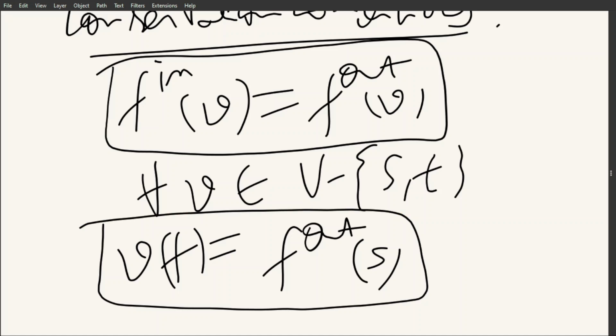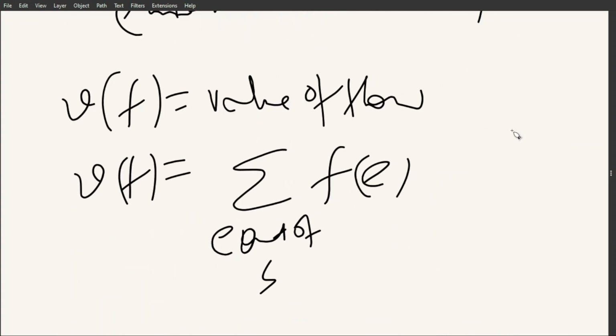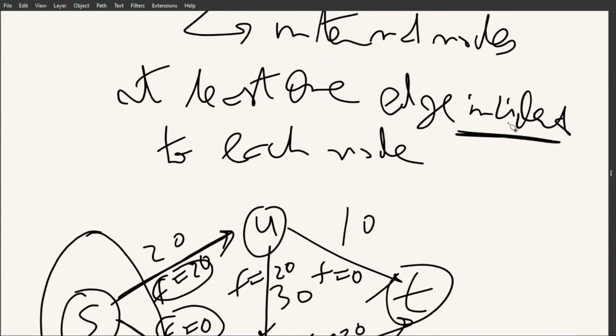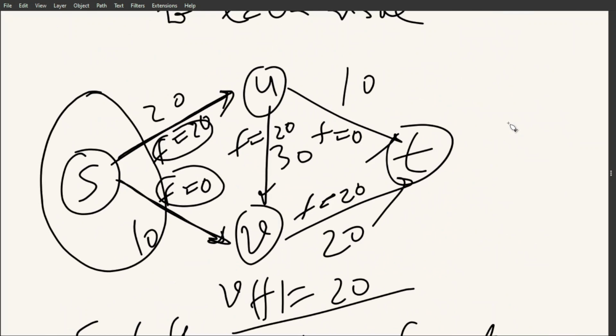Now taking the same example figure. We have already computed the flow out of s is 20 plus 0, which is 20. The value of the flow is 20. Now conservation at u, in the same way, just make a boundary around u.